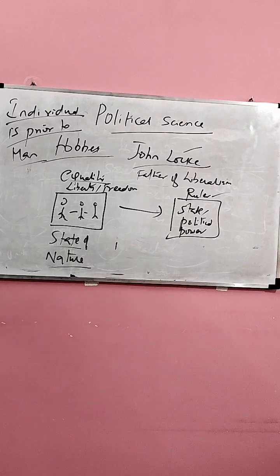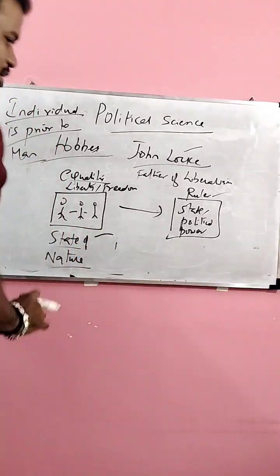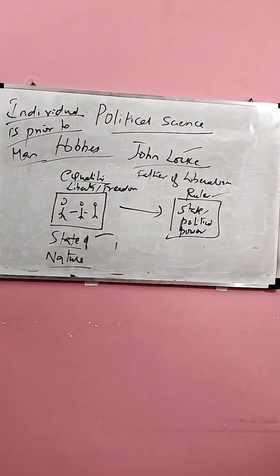What is political power? Political power is the power to enforce law. But political power, according to Hobbes, is seen with respect to the ruler only and not with respect to people in the state of nature. Here, people are not having political power according to Hobbes.